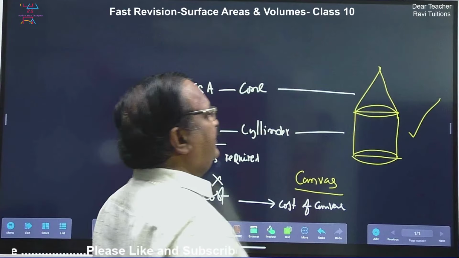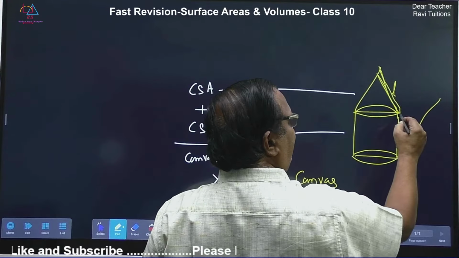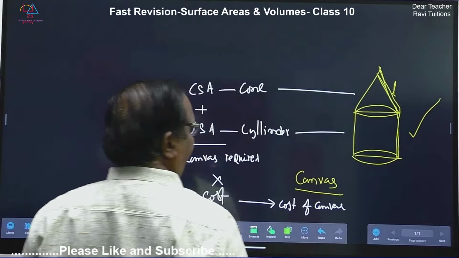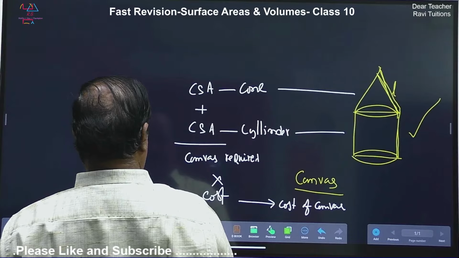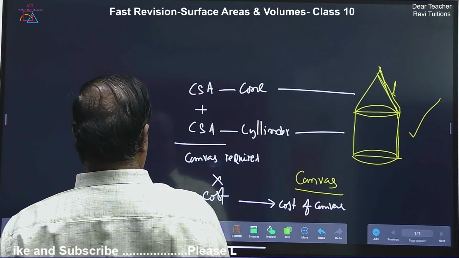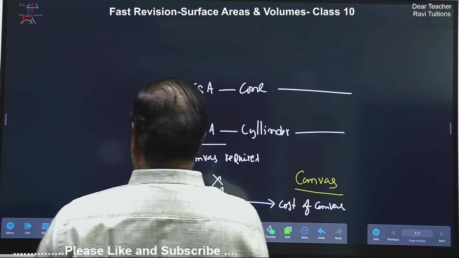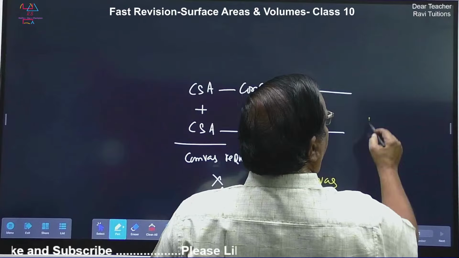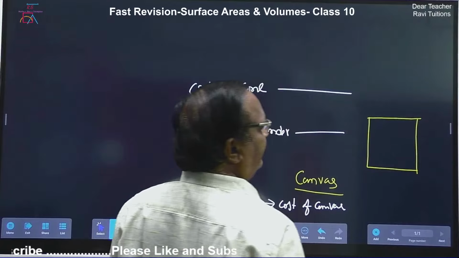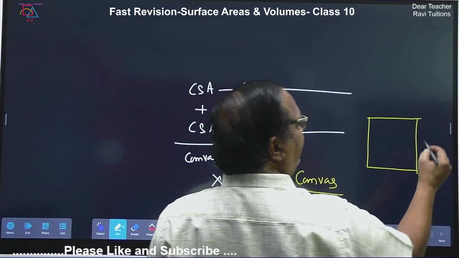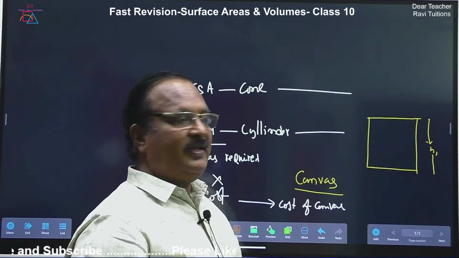Say this is the slant height, and let me give you a proper diagram so that you will understand. This is the cylinder. I am just giving you a rectangle, and this is the cylinder height. Let me say H1 is the cylinder height.